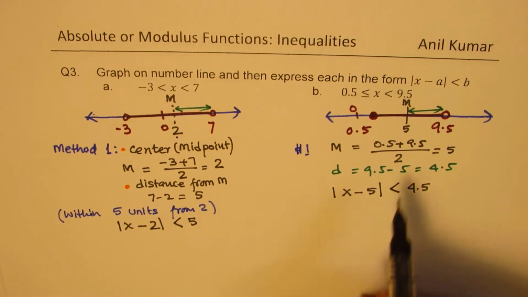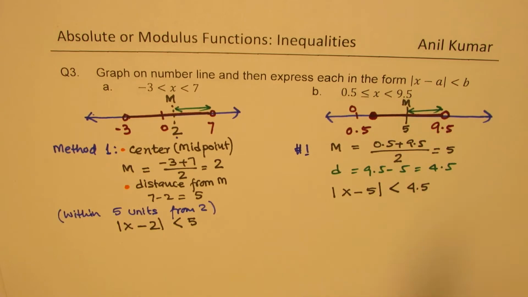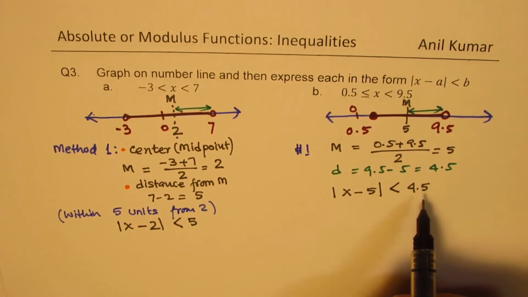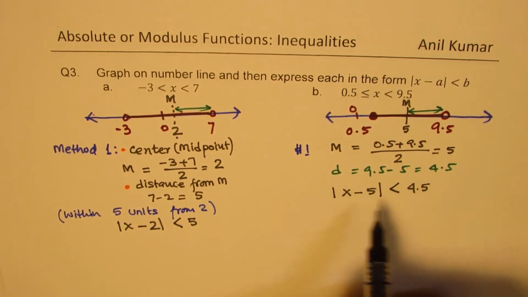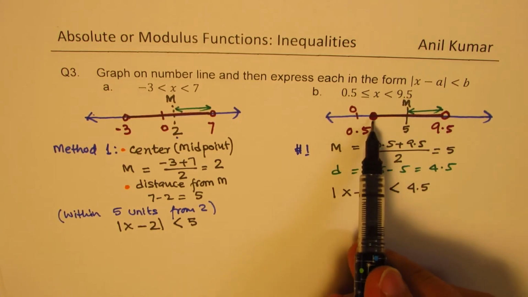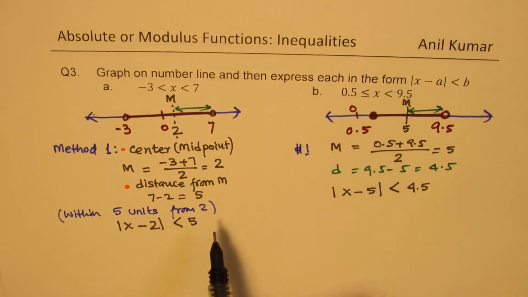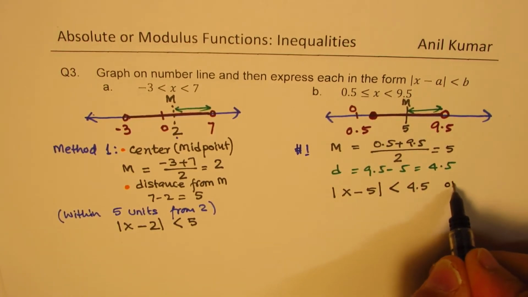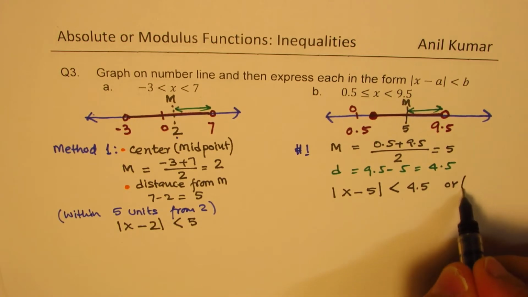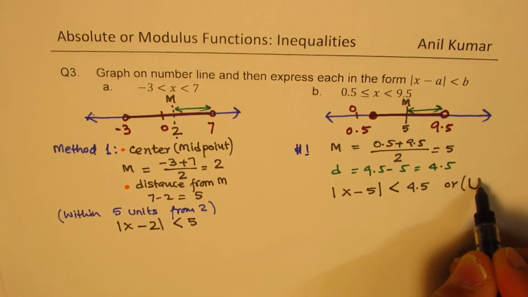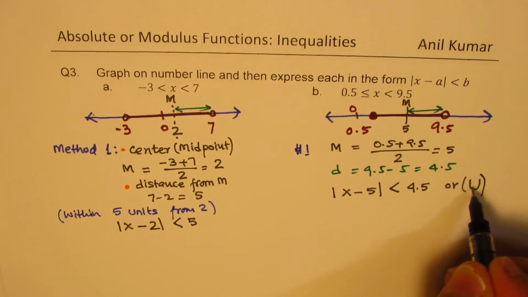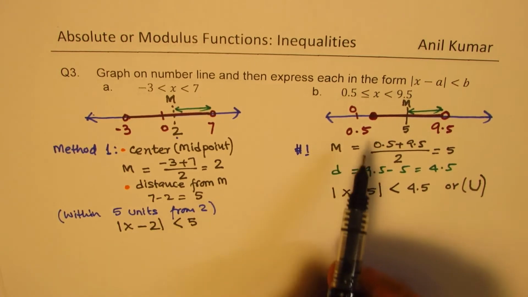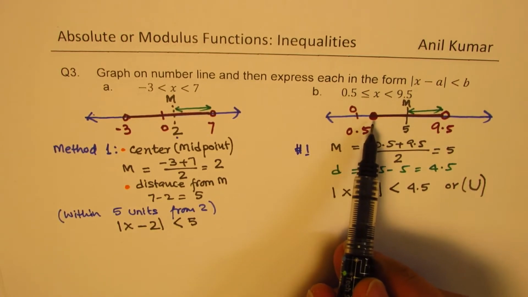Now, therefore, what should we do? What we should do is write another inequality to take care of this point, right? So we say this or you can also say union. You could write union, not intersection. So we'll write another inequality to take care of this 0.5.